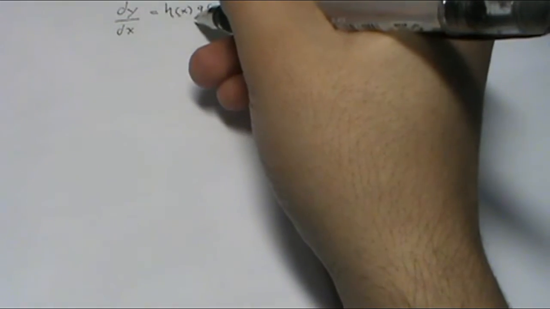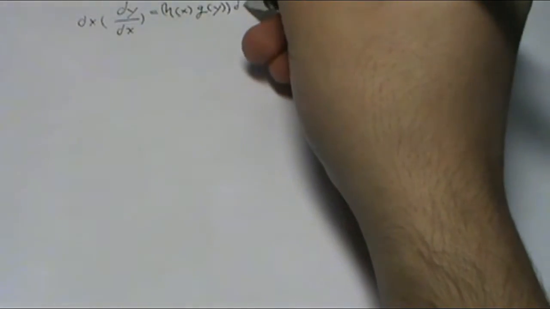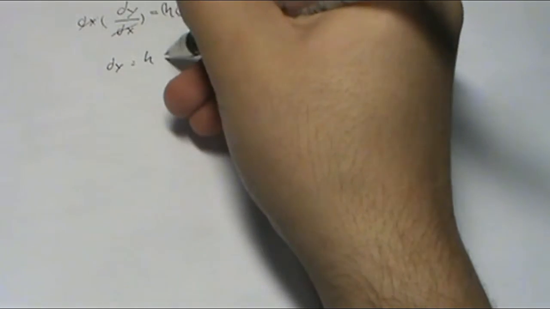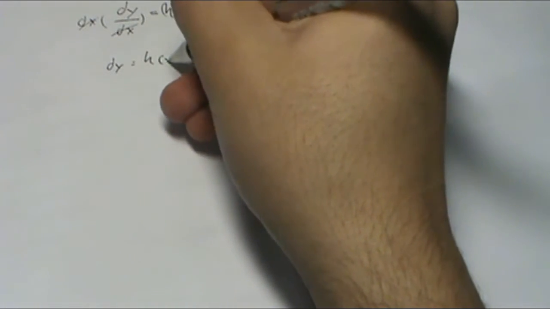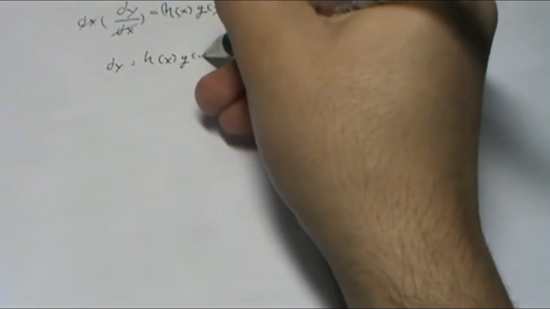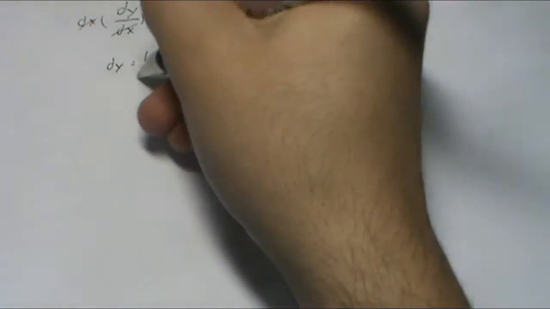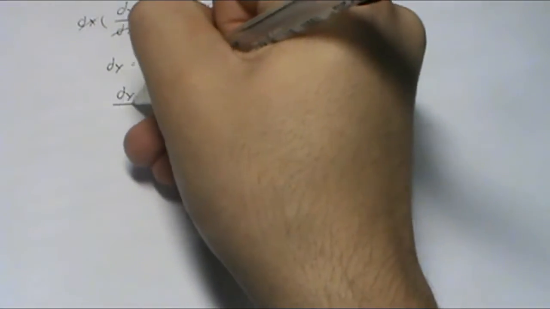So what do you do when you have something like this? First we multiply both sides by dx, and therefore these two cancel each other, and we have dy equal to h of x times g of y dx, and now we divide by g of y.